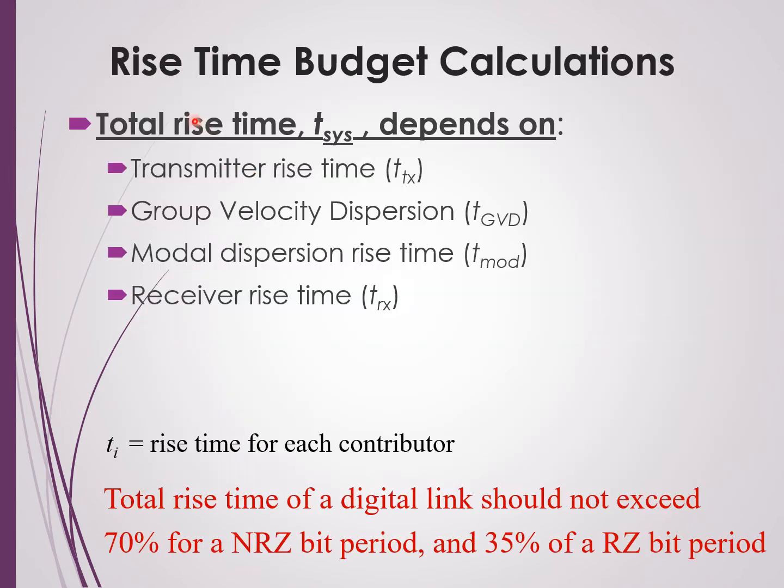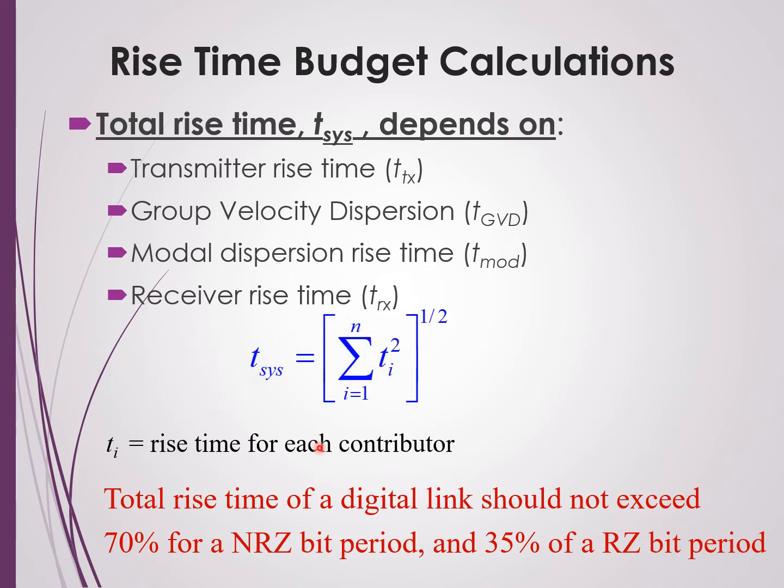Now let us look at rise time budget calculation. Total rise time depends on the transmitter rise time, group velocity dispersion, modal dispersion rise time, and also the receiver rise time.